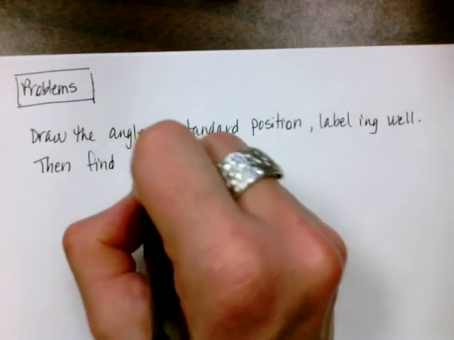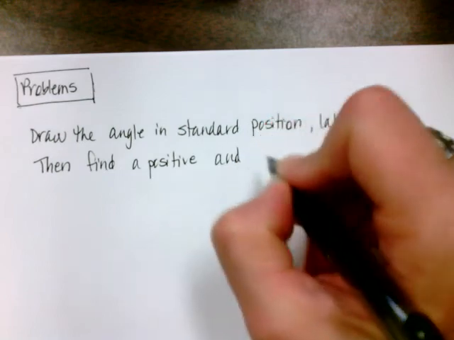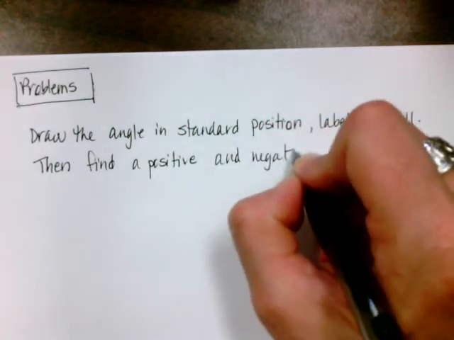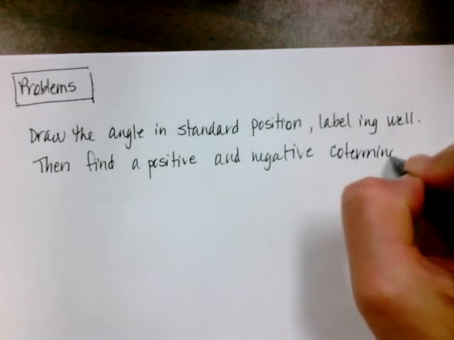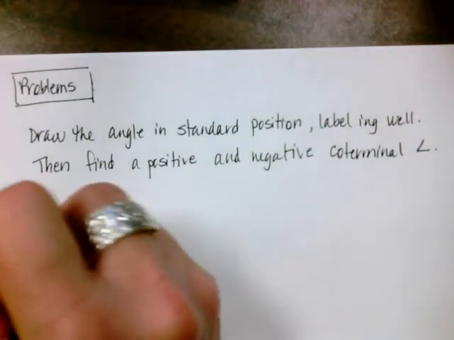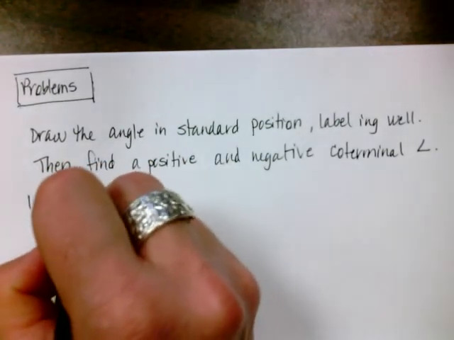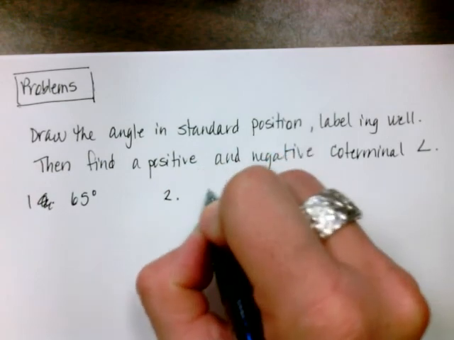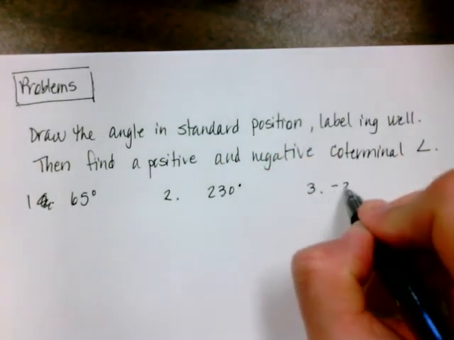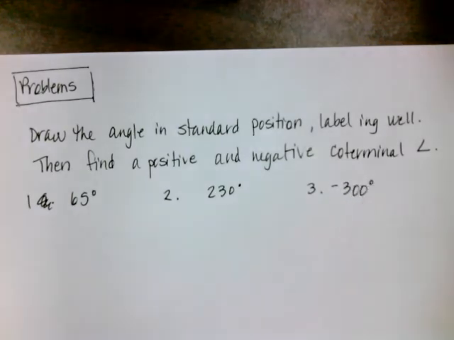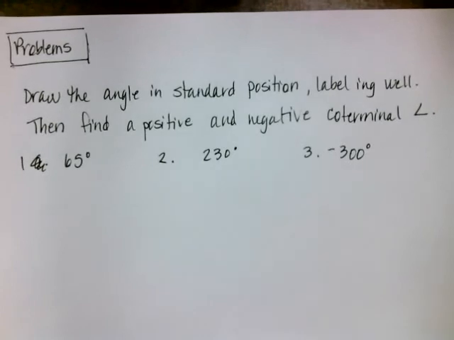Then find a positive and negative coterminal angle. The first one is 65 degrees. The second one is 230 degrees, and the third one is a negative 300 degrees. So draw those in standard position, then find the positive and negative coterminal angles.